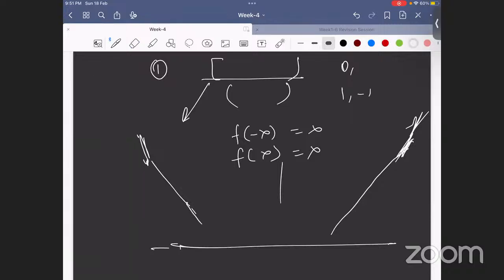Now I'm asking, can this polynomial, I have to start from here and I need to go here. Can it have an odd number of roots? Think and then tell me.